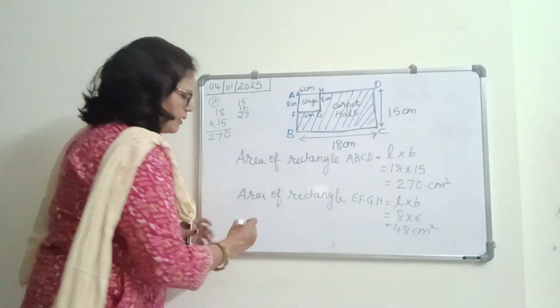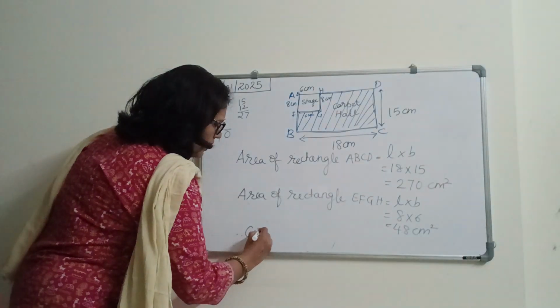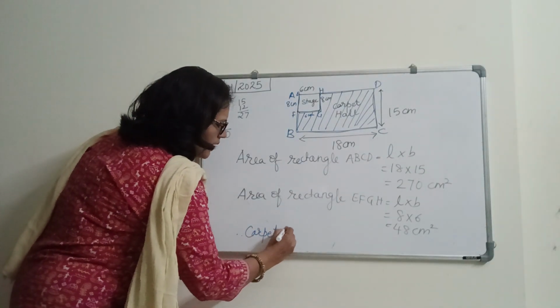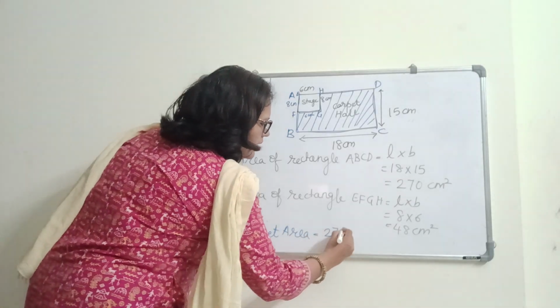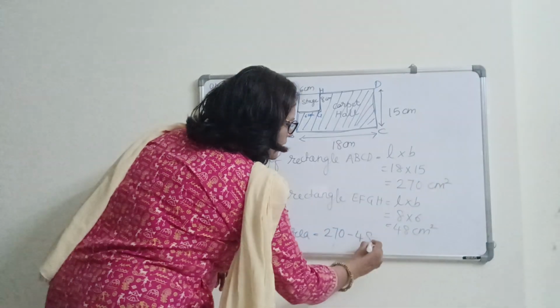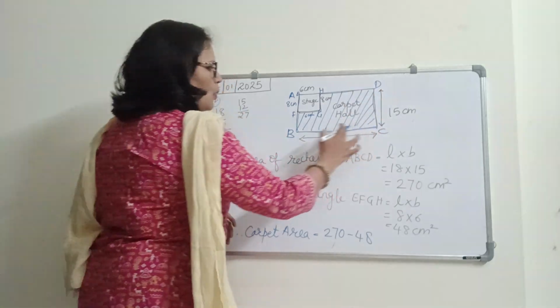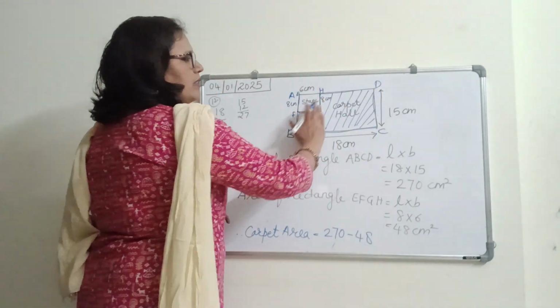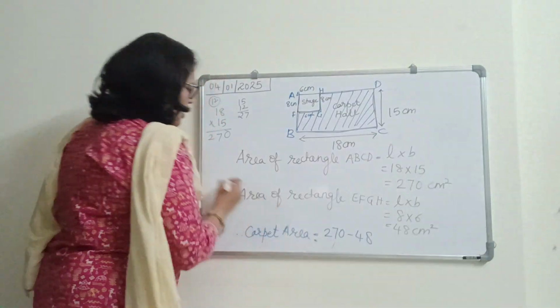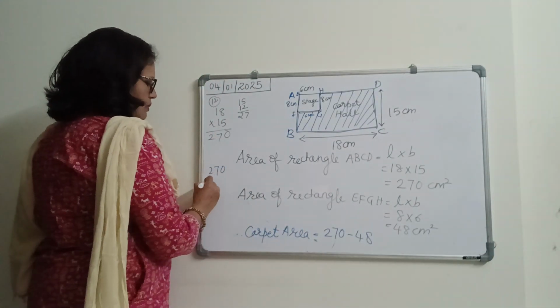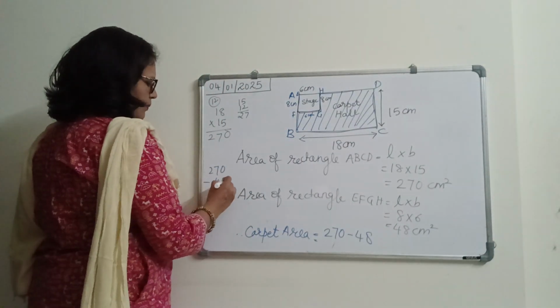So now we have to find the carpet area. Therefore the area of the carpet region is 270 minus 48, because this whole minus this part, then only we are getting the shaded portion. So 270 subtract 48.